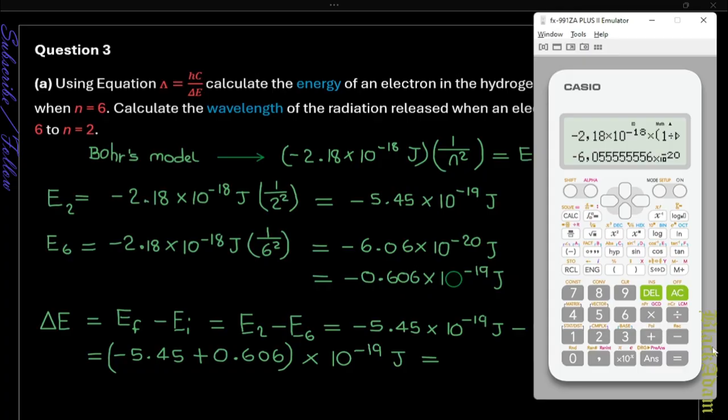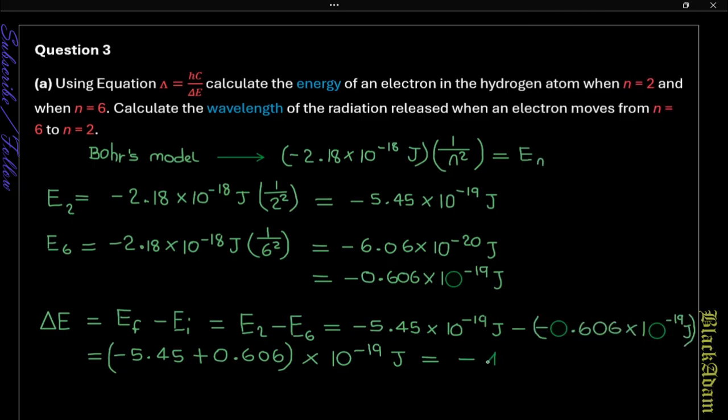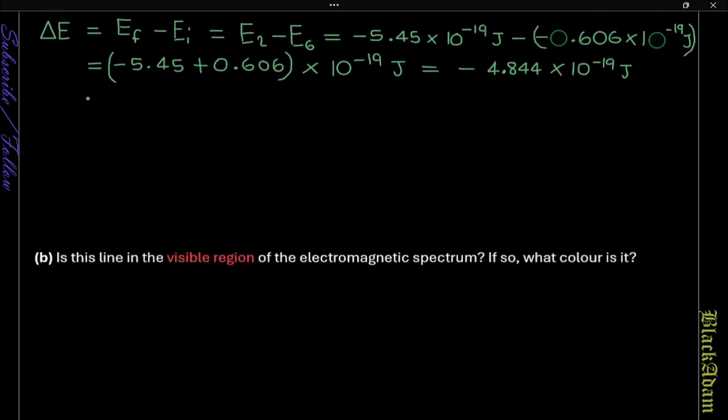Using a calculator, negative 5.45 plus 0.606 gives us negative 4.844 multiplied by 10 to the power negative 19 joules. From there we know that the negative means that it's released. So 4.844 multiplied by 10 to the power negative 19 joules was released.